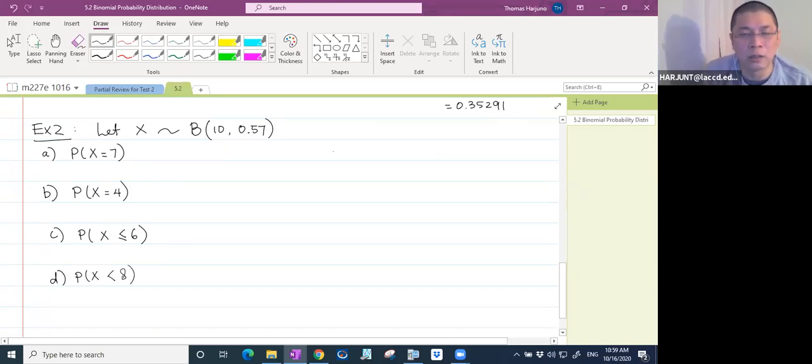Part E, probability that x is at least 4. And part F, probability that x is more than 5.